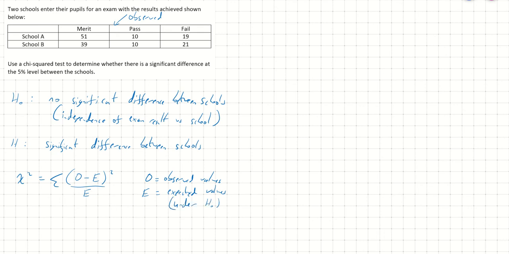So if the exam result was independent of the school, then E is the expected numbers we would have.